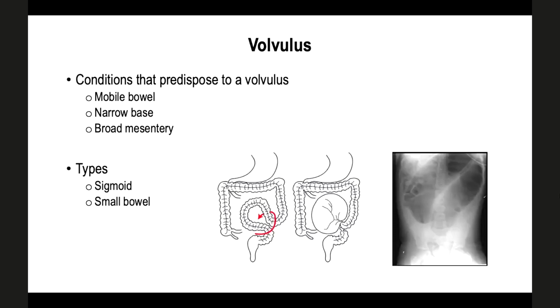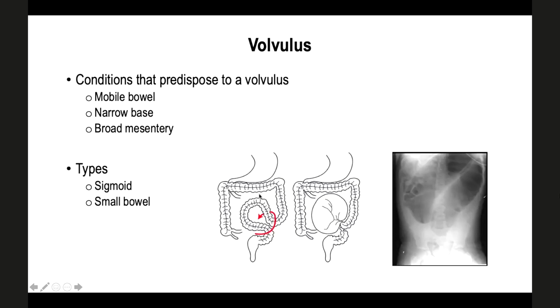The chance of rotation is higher if the base of the volvulus, when I say base, this part, is narrow. So the narrower the base, the broader and the longer the mesentery, the greater the chance it can rotate or twist. And the two organs that mostly meet this kind of criteria are the sigmoid colon, you can see here, and the small bowel.